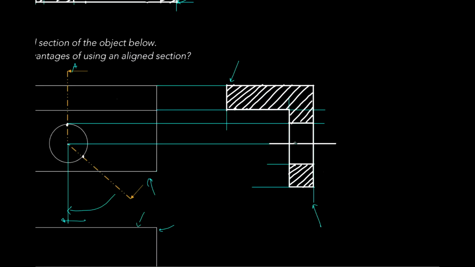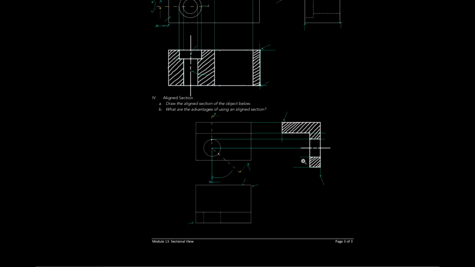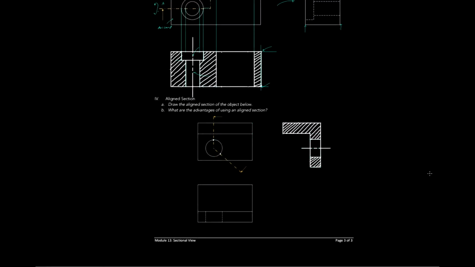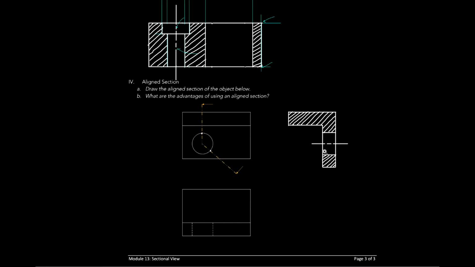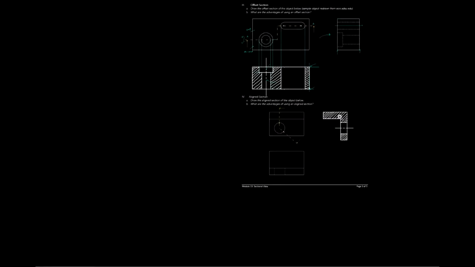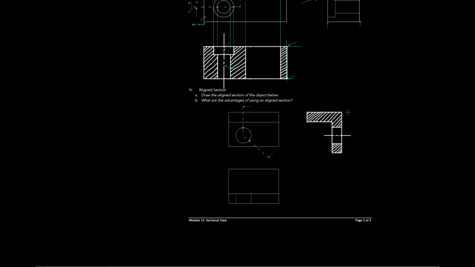Again, just read the modules, para makita nyo yung different rules that are applicable when doing these notations. Sa dimensioning ata to na portion. Okay? So yan yung final answer natin for the aligned section.